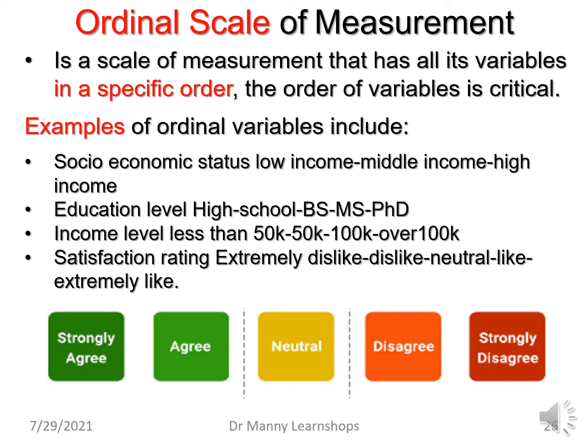So for example, ordinal scales could include the socio-economic status of a person: low, middle income, high income; education level: high school, Bachelor of Science, Master of Science, PhD; income level: less than 50k, 50k, 100k, over 100k; satisfaction rating: extremely dislike, neutral, like, extremely like; strongly agree, strongly disagree. A specific order of measurement, ordinal.